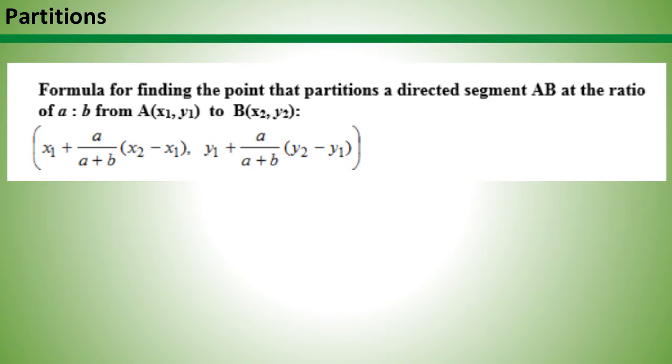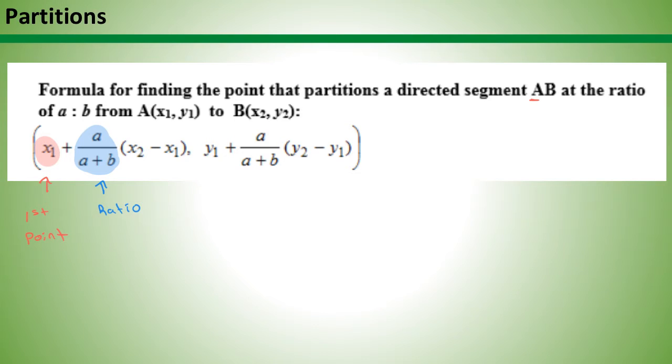Okay, so the 3 different parts, I have the first point, okay, so wherever I started, in this case, if I'm starting at A, that is going to be whatever the x value of A is. I have my ratio, this A over A plus B. It's going to come from whatever the ratio is.